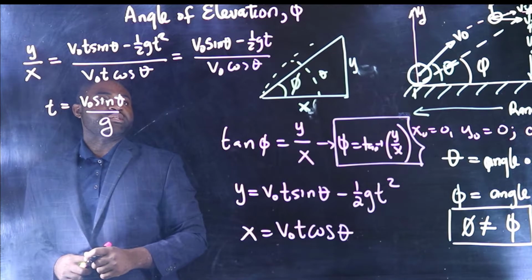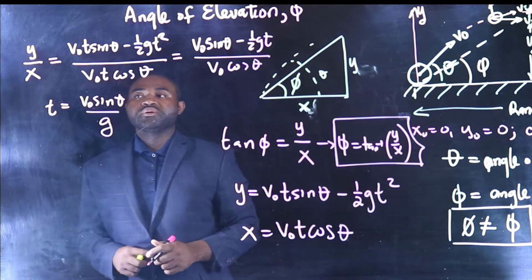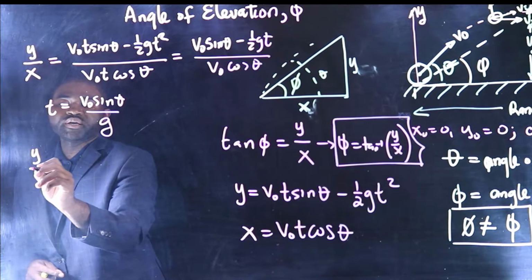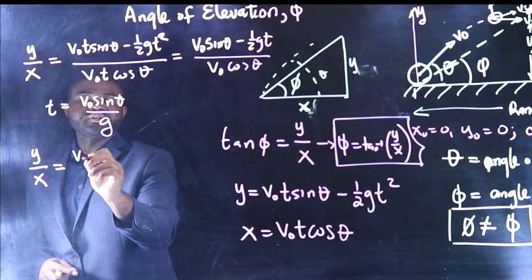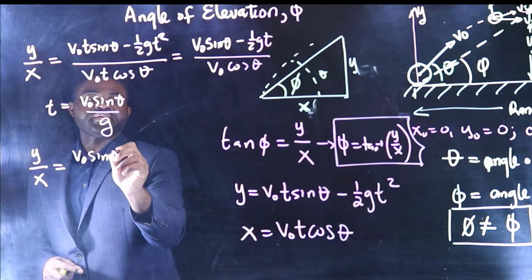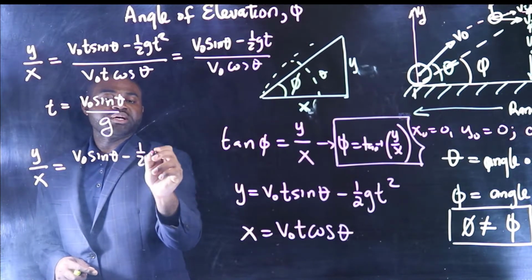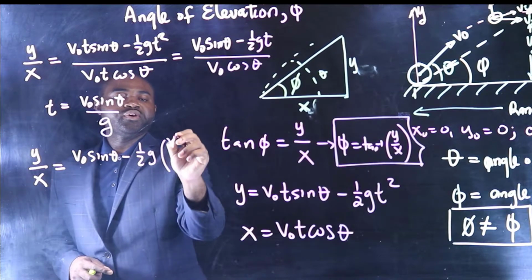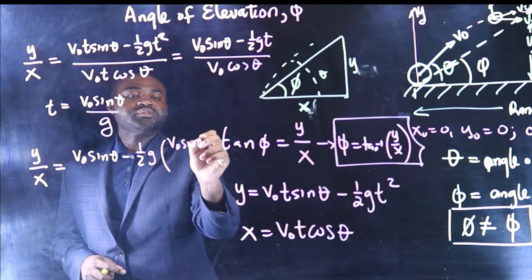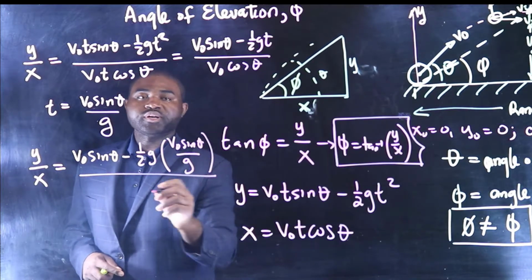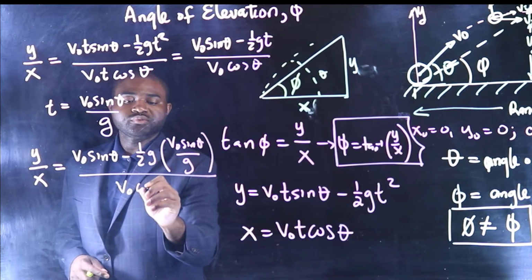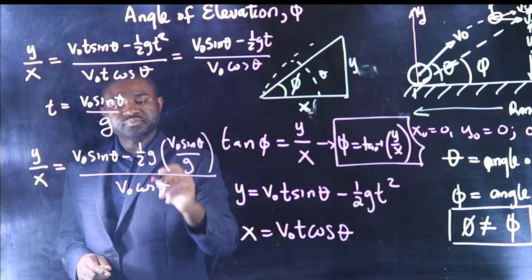If we do that, we will have y over x equal to v naught sine theta minus 1/2 g bracket v naught sine theta divided by g all divided by v naught cosine theta.